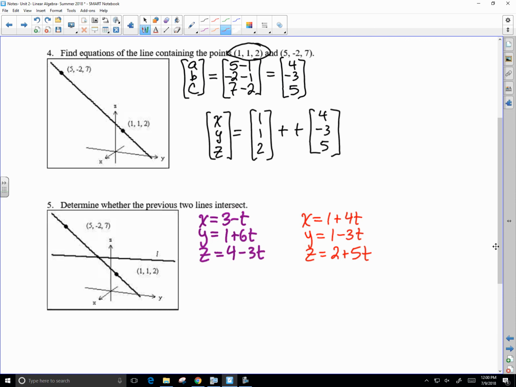As the graphs are being plotted, there's two ways we could look at it. One would be whether or not the paths themselves intersect. That would be the case where I get a t for this set of equations that allows x, y, and z to be equal to the x, y, and z values of this equation for a particular t. Right?